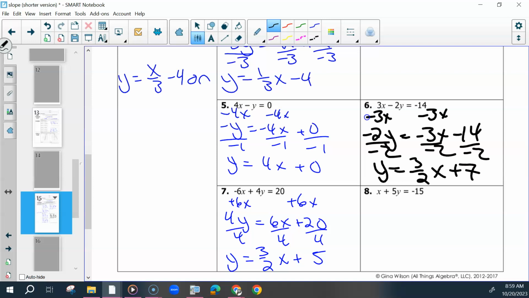So that should have been what we got for that one, y equals 3 over 2x plus 7. Did we have questions about that one?